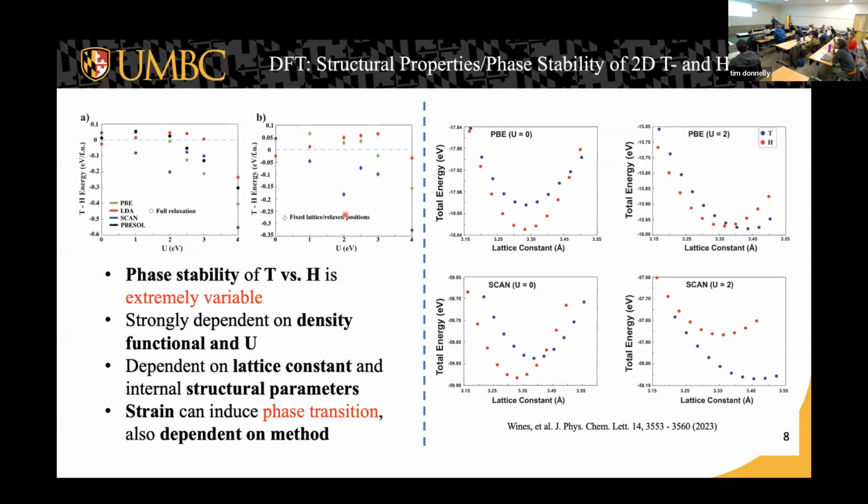It's not only the lattice parameter affecting the energy difference, it's literally the atomic positions affecting our energy as well. As we start applying strain to this material, depending on the functional and the U parameter that you are applying, you see different energy curves like this. So how can we solve this problem?